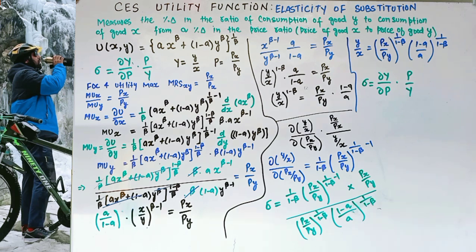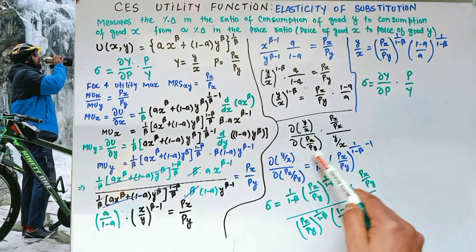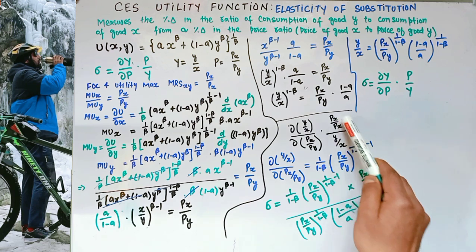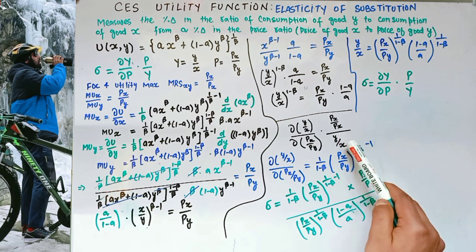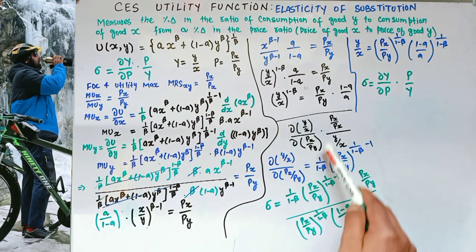Don't get confused: px upon py as it is, divided by y upon x, is one term, that is the derivative.